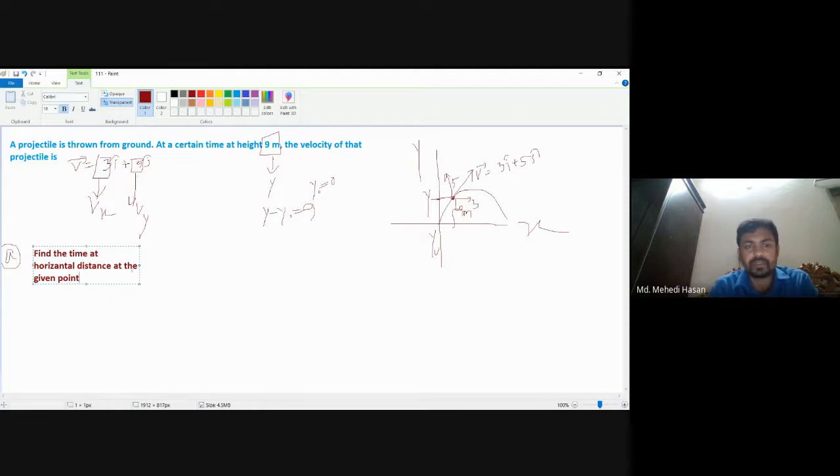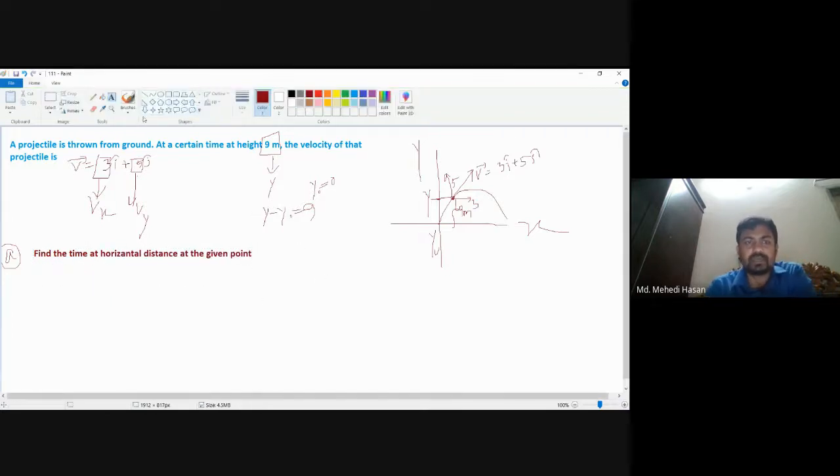Okay, so this is the first question. How can we solve this? Someone just help me. First, let's talk about finding the time, and then the horizontal distance. These are two questions: it asks to find the time as well as the horizontal distance.